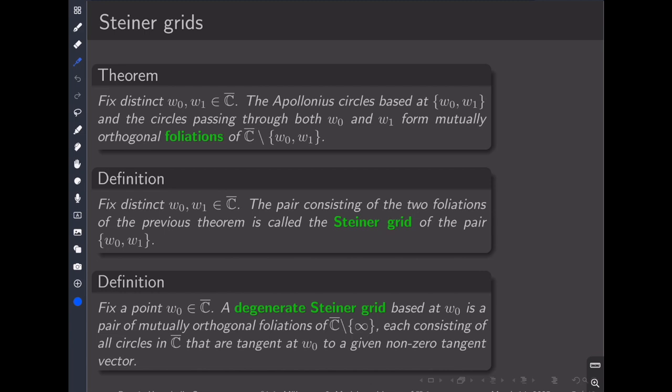To define one such degenerate Steiner grid, at that point I take a tangent vector and fix that direction, and then take the orthogonal direction, in the tangent plane to C bar at the given point. That given point here would be W0.